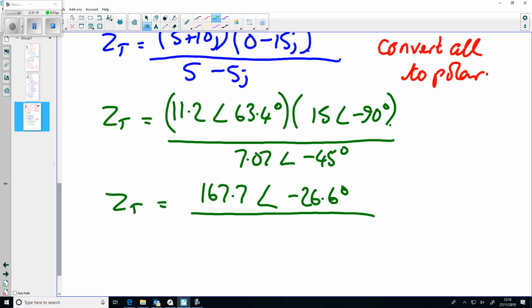I'm going to divide that by 7.07, angle minus 45. I think you can carry that on now from there and find the total impedance in polar form. Whether later on you'll need it in rectangular form is unsure at this stage.